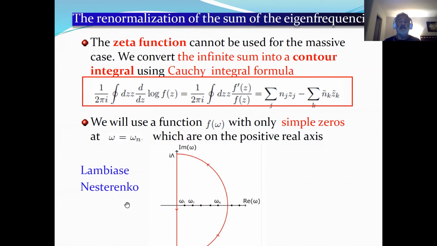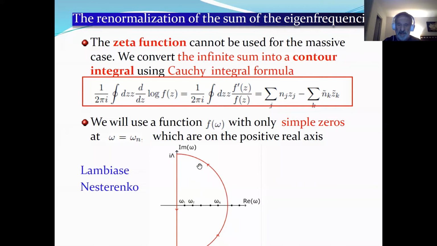And they said that to calculate this sum over omega n, they will take a function whose zeros are these omega n, and they will calculate this by using the Cauchy integral formula for the case of a function that has only simple zeros, no poles, so the sum of omega n will be just a contour integral over this derivative of the function over f times z.